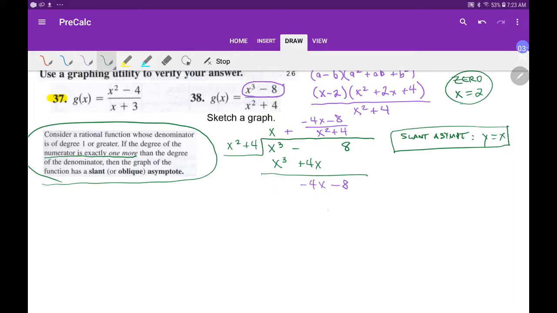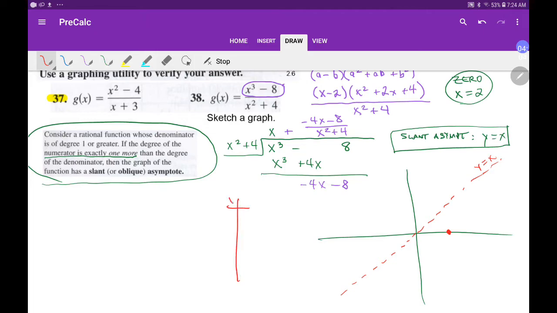Okay, so here's my little graph. I have a 0 at 2, so there's a 0. I also have a slant asymptote at y equals x. And then I'd like to fill in a little information just to see how things are going.